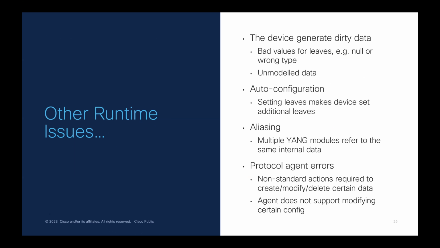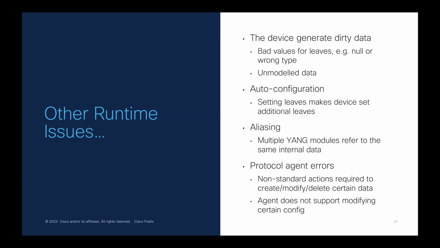Then there are two slightly different ways in which devices set additional leaves in response to configuration changes. Auto-configuration is intended device behavior and happens when a device sets additional data in response to a configuration change, saving typing for users in human-oriented user interfaces like CLI.